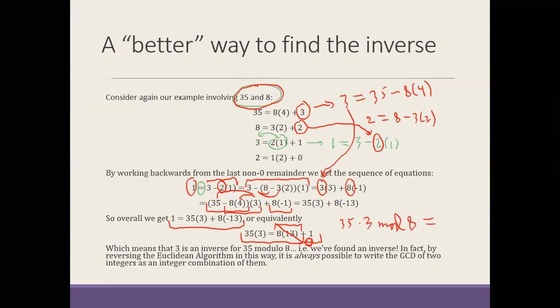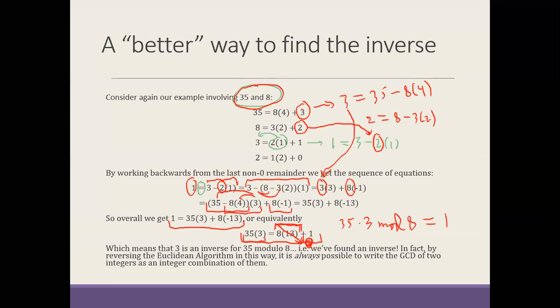Think about it. So 35 times 3, if I take that mod 8, this junk just goes away because it's perfectly divisible by 8, and all that's left is 1. So what does that tell you about 35 and 3? They are inverses. 35 times 3 is 1 modulo 8.